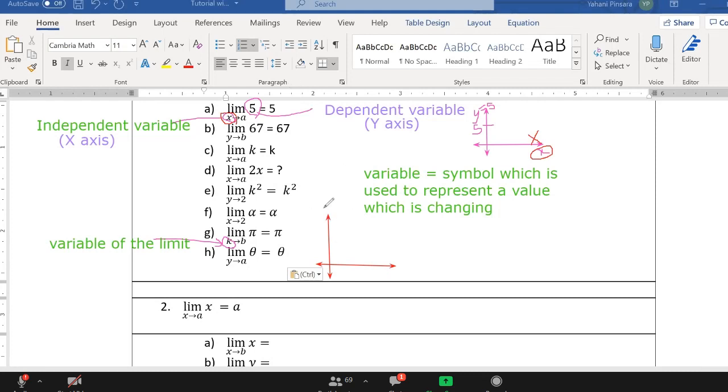So here y equal 5. So usually this has a constant value, right? 5. Okay. So here we have k. K is the variable. But this is the x-axis, which is capital X.